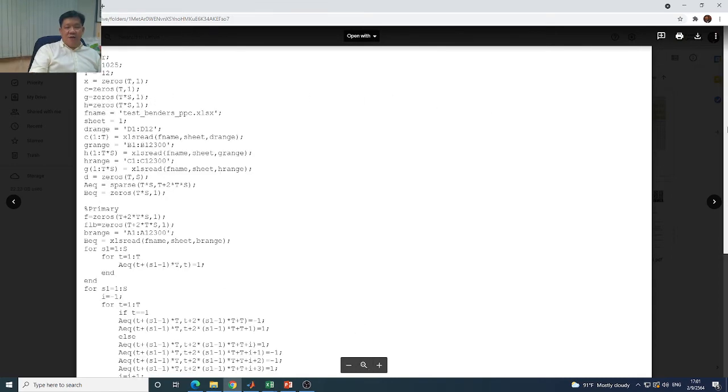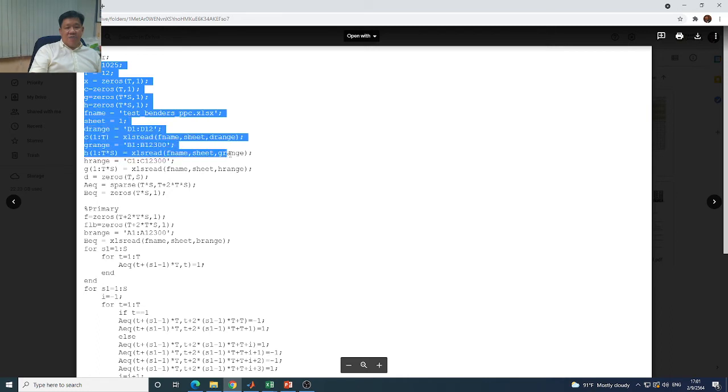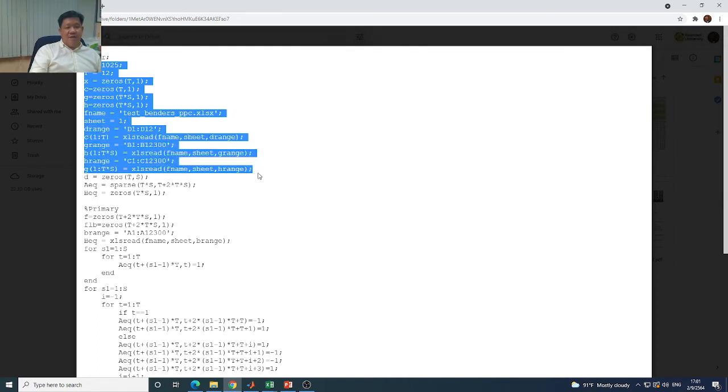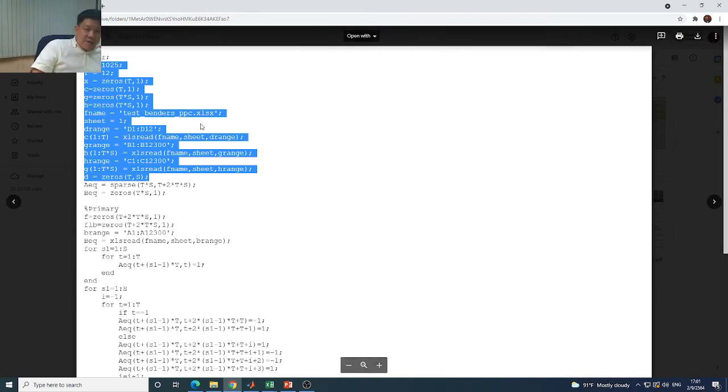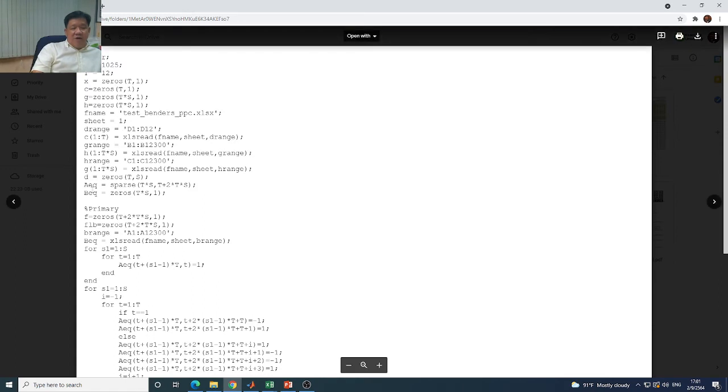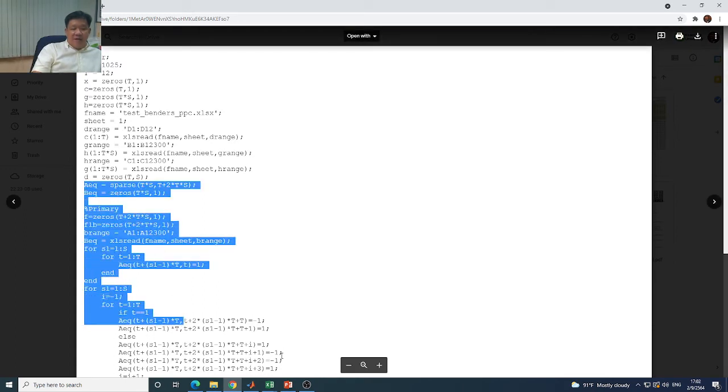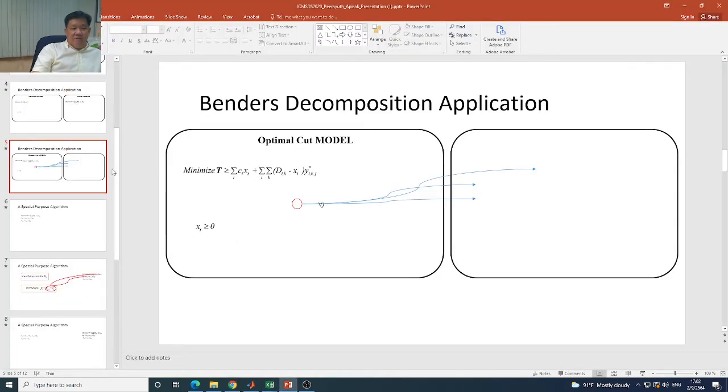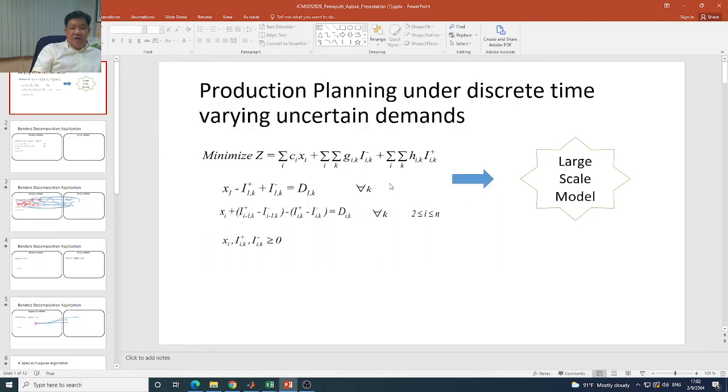But actually what this program does is reformulate this problem of test Bender. This part is exactly the same, where we import the data from the test Bender Excel file. But now we're going to formulate this problem directly based on this formula, the original formula here.